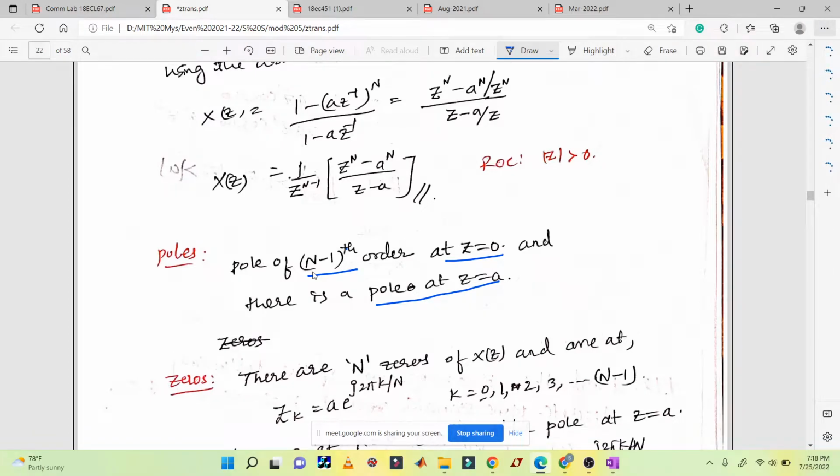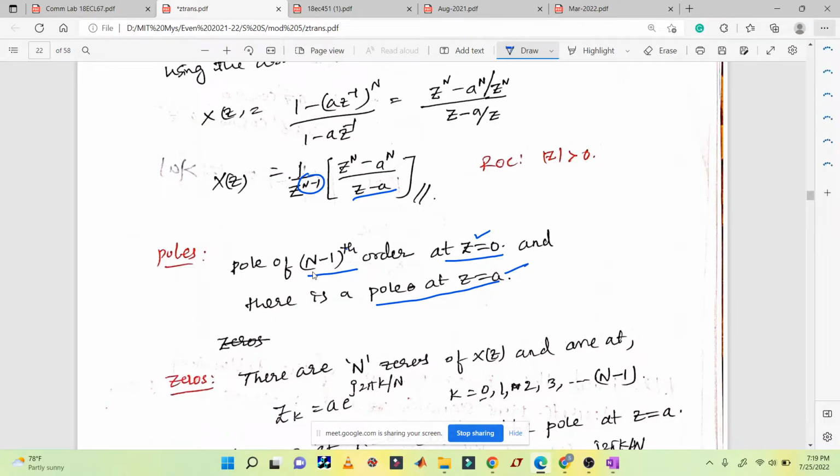If I put z equal to 0, that is a pole of order n minus 1. And there is another pole, z minus a equal to 0, that is z equal to a at this point.